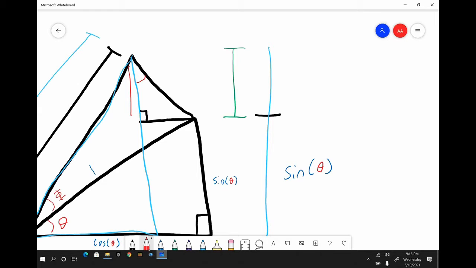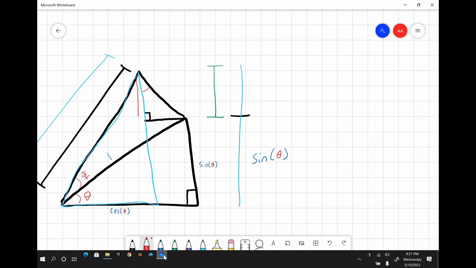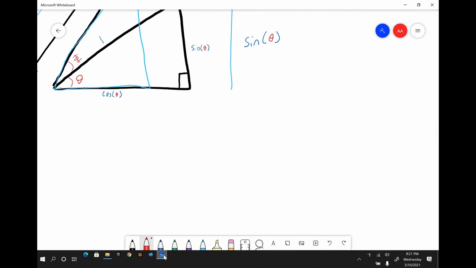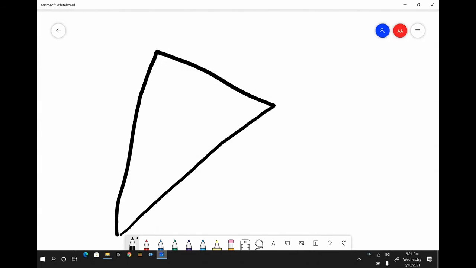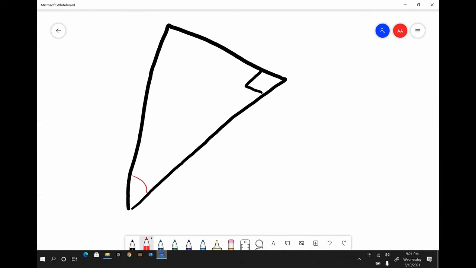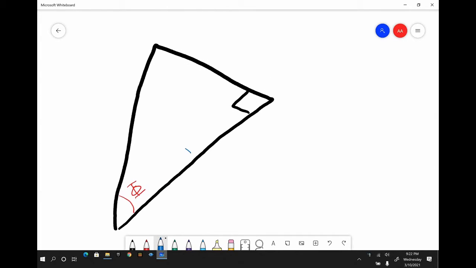And that'll give us what we need to solve for the sine of theta plus phi. So let's see if we can try and solve for these values. If I draw the triangle with angle phi right here and label my knowns and unknowns, we know that there's a right angle here, there's some angle phi here, and this triangle has a base of 1.